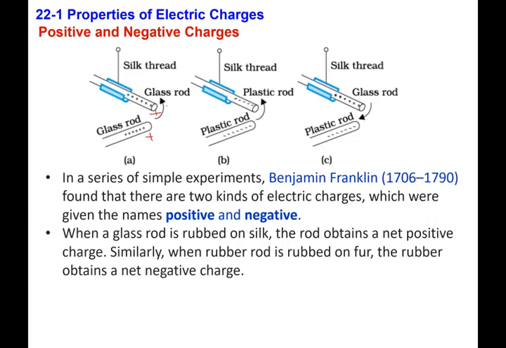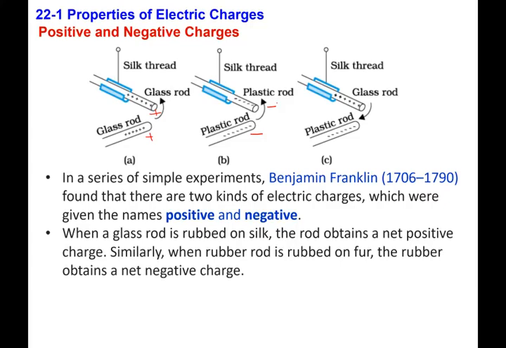However, he also noted that if he rubs a plastic rod with wool, he observed the same thing, the two rods will attract each other. But obviously he did not know that this is negative charge in this case and positive charge for the glass rod.